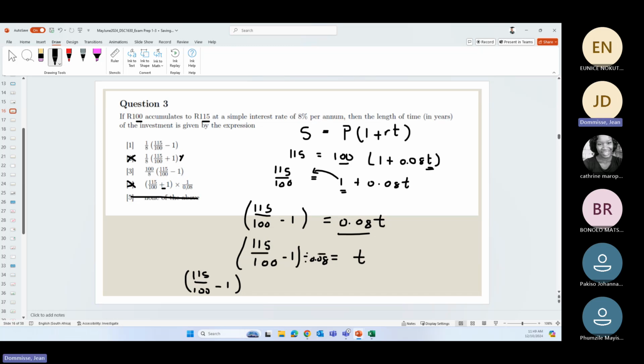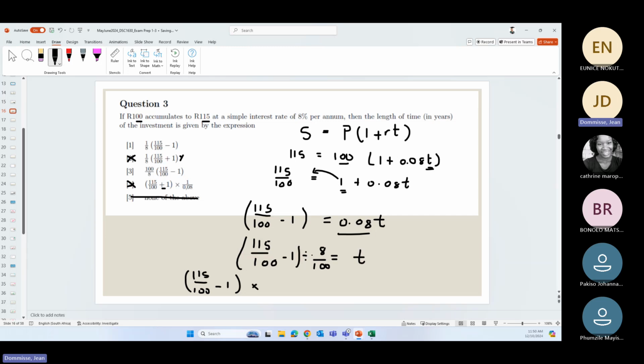So it would have been divided by that. When we swap it around, let's put that in something different. Divided by 8 over 100.